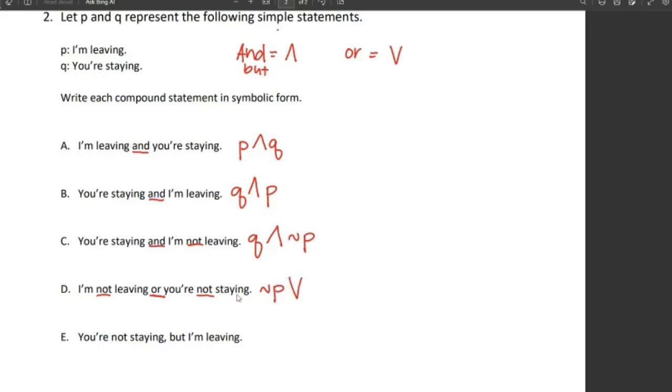And then you're not staying goes with Q, but it is a negative Q. E, you're not staying, but I'm leaving. So you're not staying is a negative Q, but remember it's like the word and. I'm leaving is positive P.